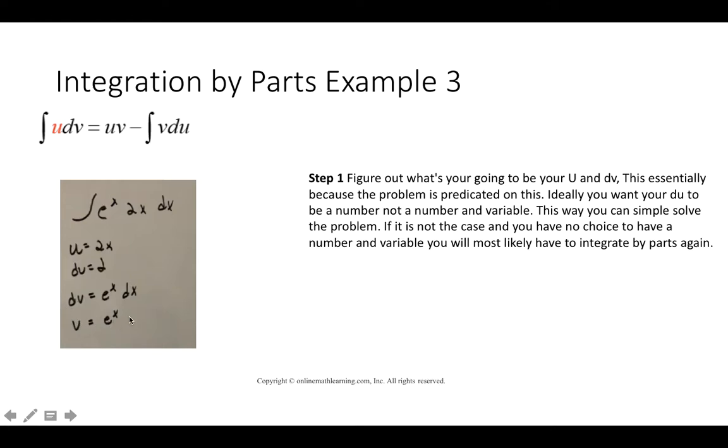The idea with integration by parts is to make your du as simple as possible, so you don't have to integrate by parts again. That's why I picked 2x, because my du became 2, and I can just take the 2 and put it outside the integral.